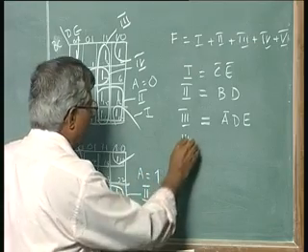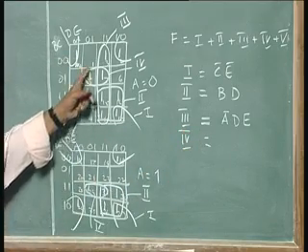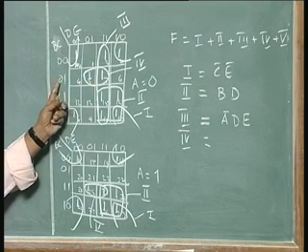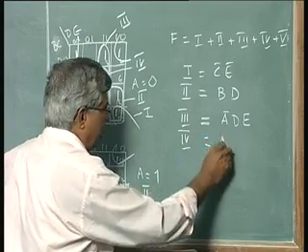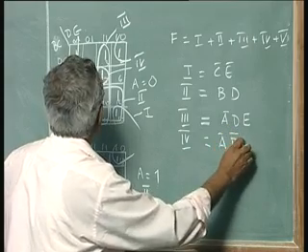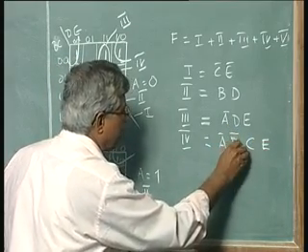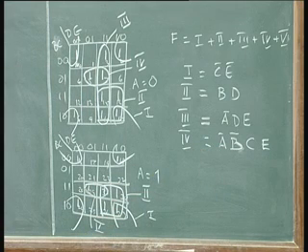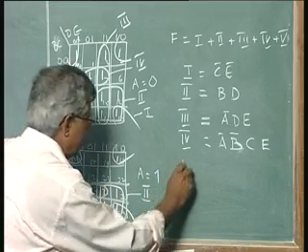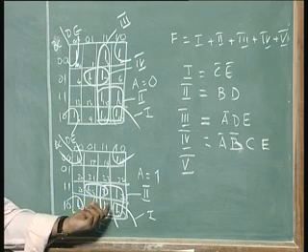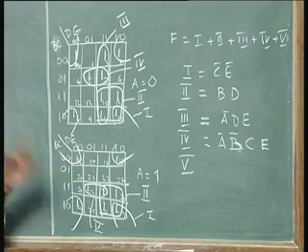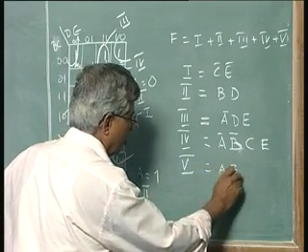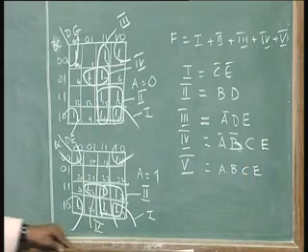Four is again only for this map, the A bar map. Four is this essential prime implicant, which would be read as B bar C E, but it is found in the A bar part of the map, so it is A bar B bar C E. And finally, the 5th prime implicant is in the A is equal to 1 part of the map, which is B C E with an A. Okay.